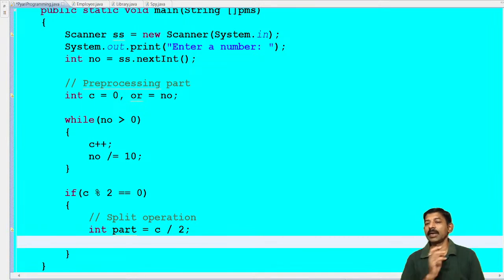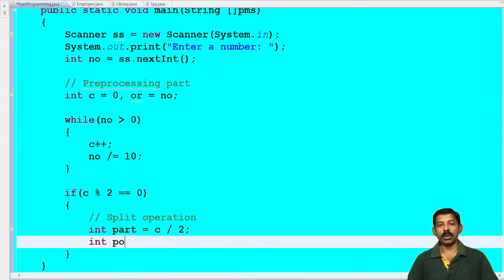Yes, Barsa rightly said that after that I need to use the modulo operator. So here I will say int power is equal to Math.pow(10, part).